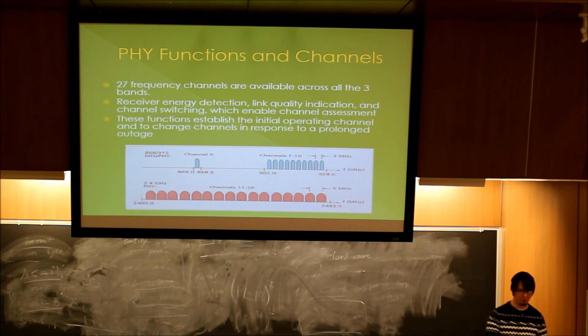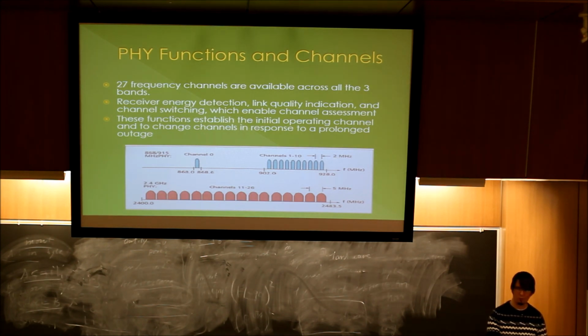It also will track the receiver energy detection, which is related to the received signal strength indicator, so you can tell how strong your wireless signal is. And you can also, through the firmware, hard set the channel that you're going to be operating on.